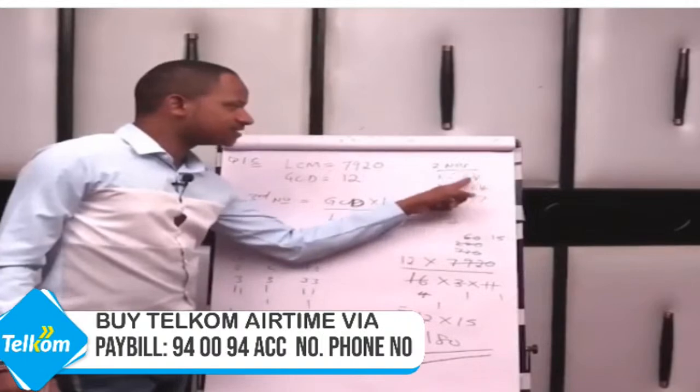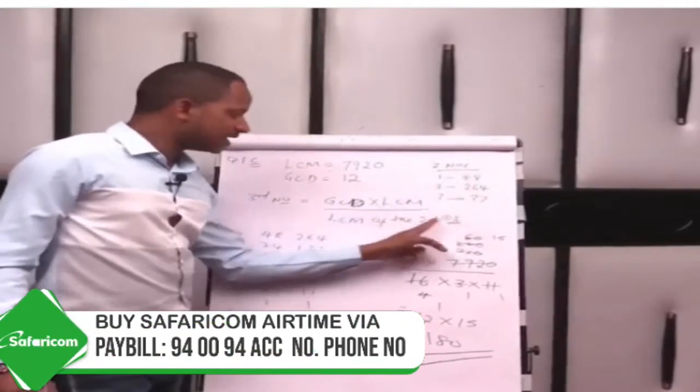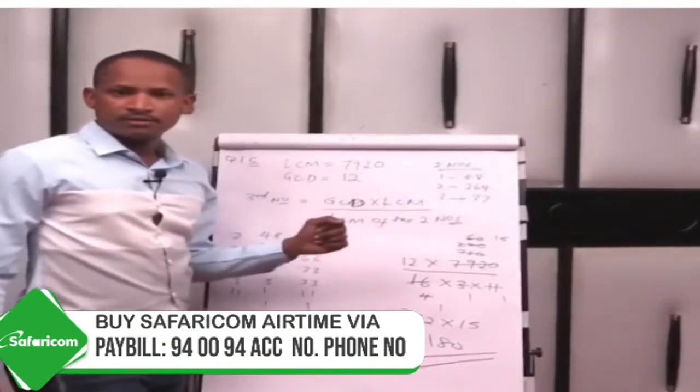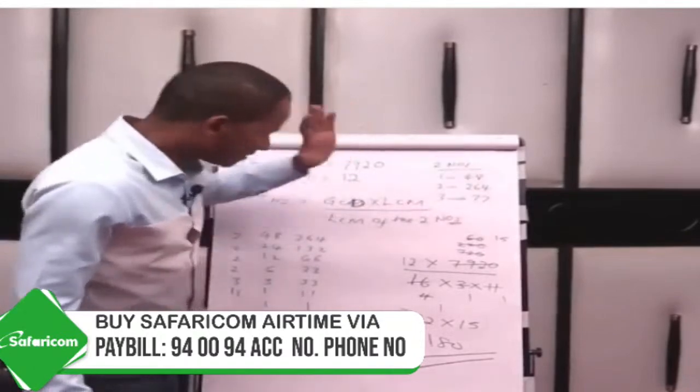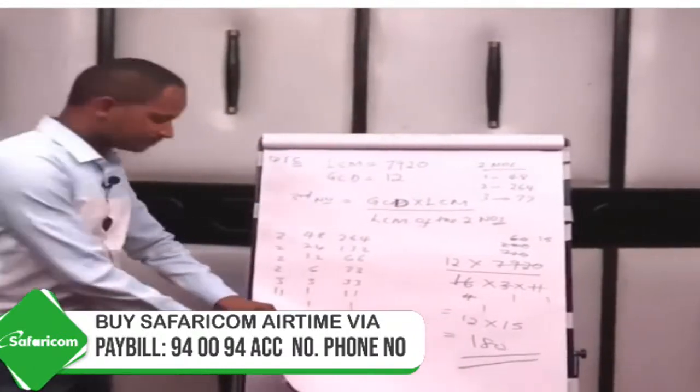If you are given two numbers, it is the LCM of these two numbers. But if you are given only one number, it is the LCM of that number. So I think that's very precise and accurate.